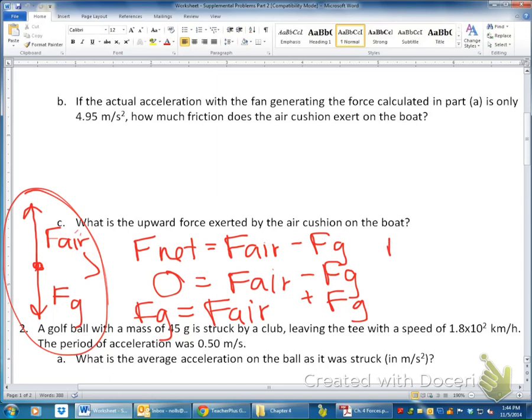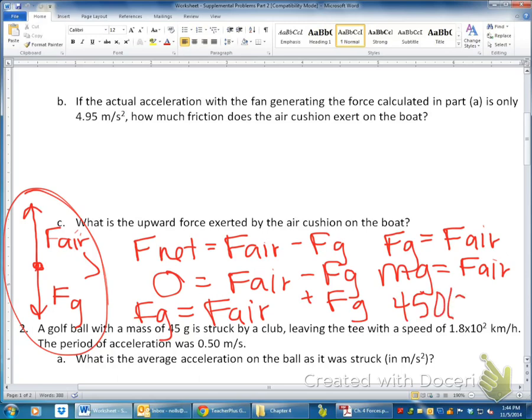How do we find F sub g? There we go. Mass times gravity equals F of the air cushion. And we know our mass is what? 450. And we know gravity is 9.8.